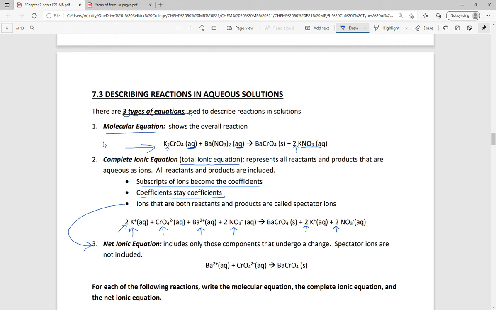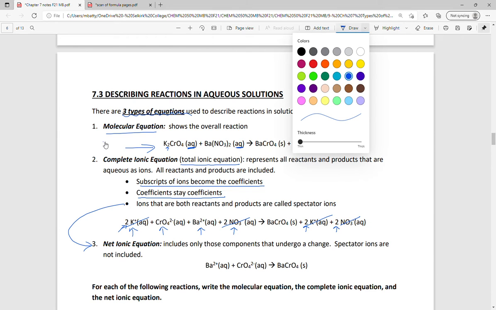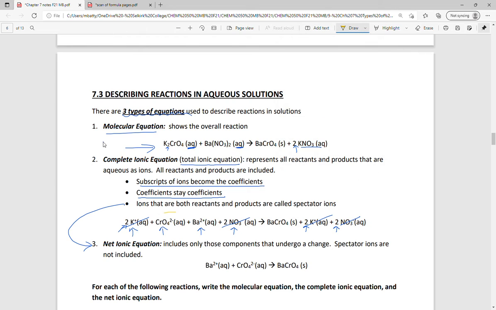If you were to cross out anything that was a spectator ion, floating around before and floating around after, what you're left with is just the net ionic equation. These are the things that are actually involved in the chemical reaction. We know that the precipitate, or the formation of a solid, is that driving force.